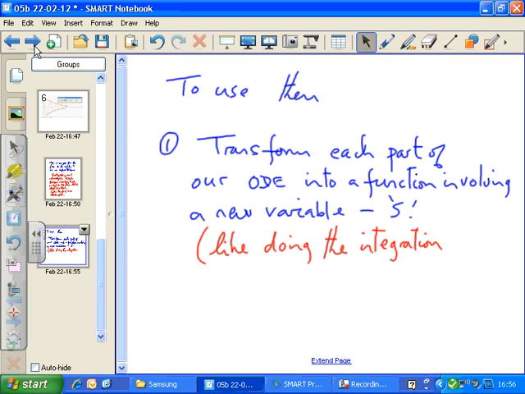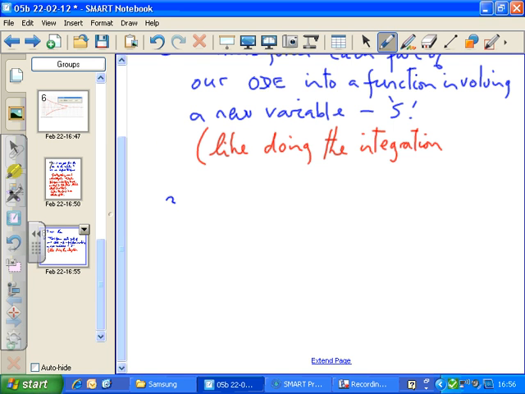This is like doing the integration. And then we manipulate it, and that's the fun bit.